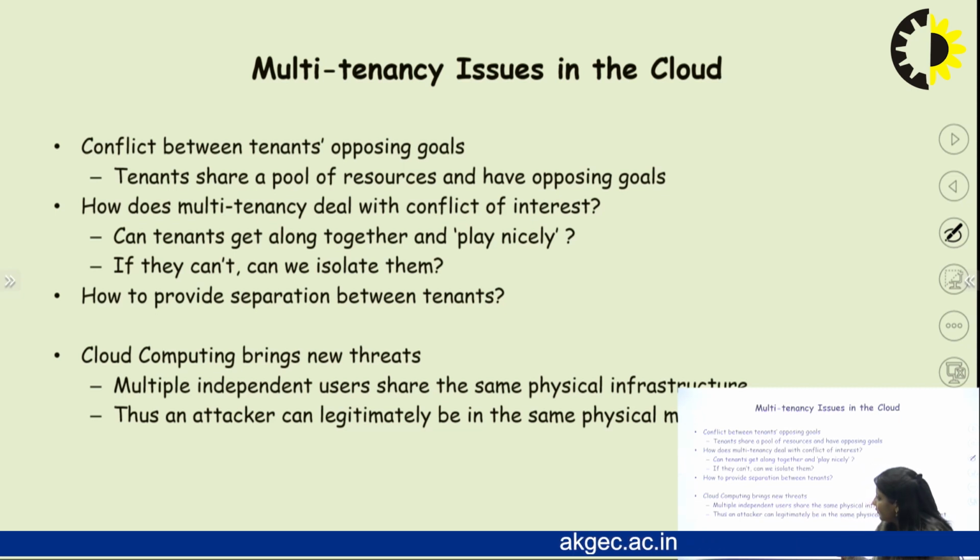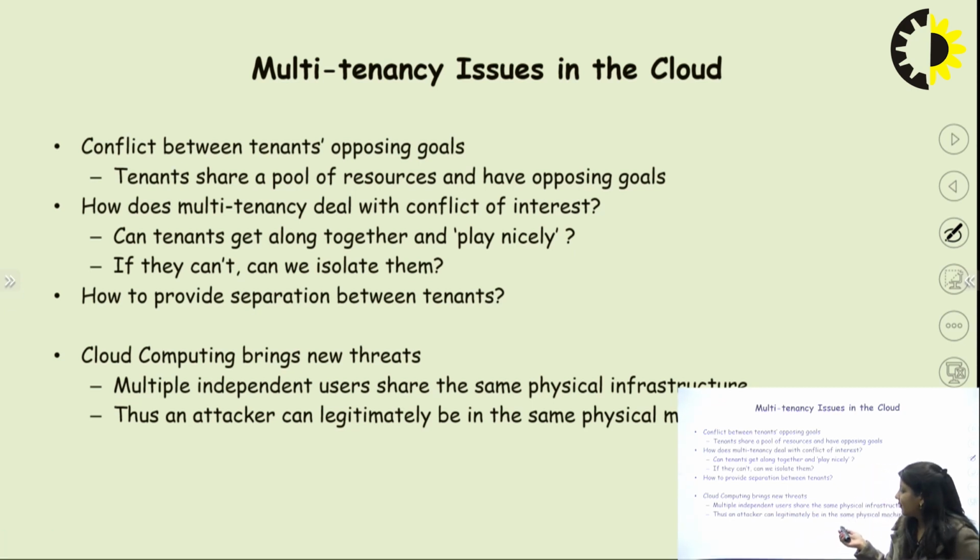If the resources are shared over a single virtual machine and any user attempts to change the settings of the CPU or RAM, the data will get blocked or not be available at that time. So this is one kind of issue.